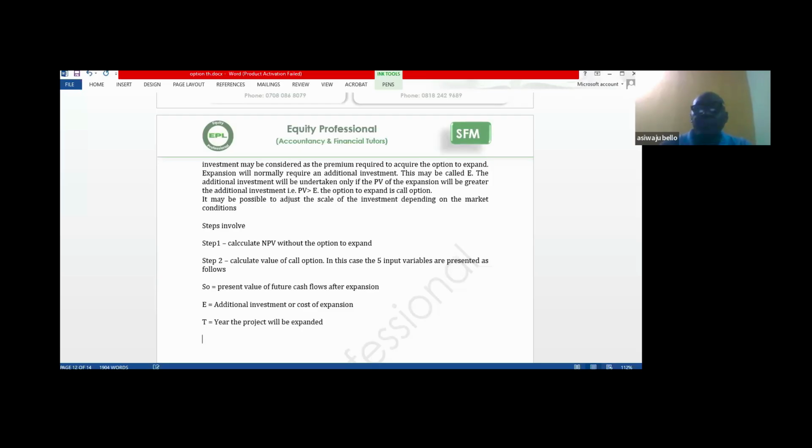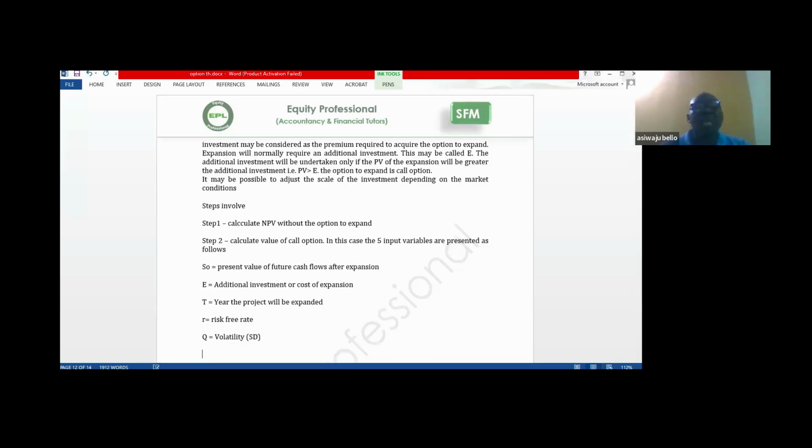Then the risk-free rate, then volatility, in brackets, standard deviation. Those are the five variables required.